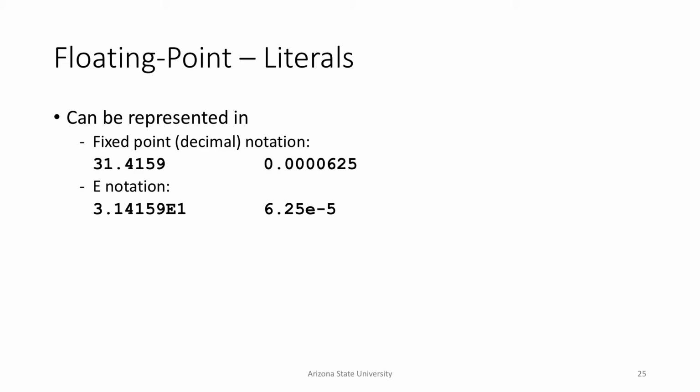So this one is actually 10 times pi, because this is 3.14159 times 10 to the first power. So the e here has the base of 10, just like normal scientific notation. And here is 6.25 times 10 to the negative 5.